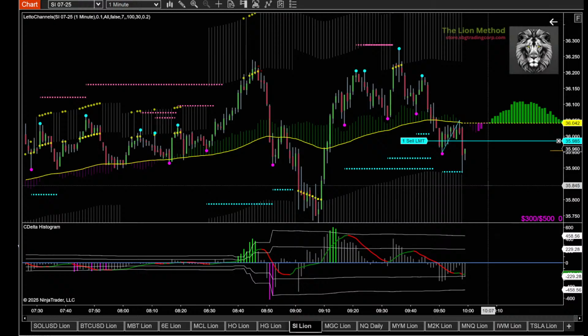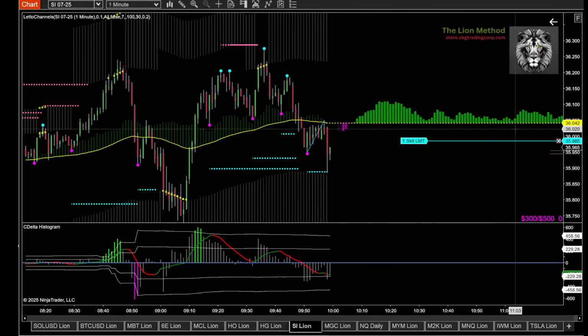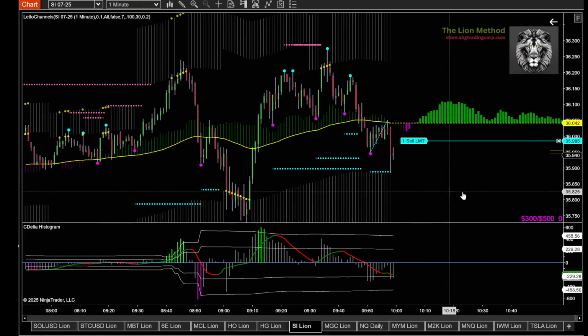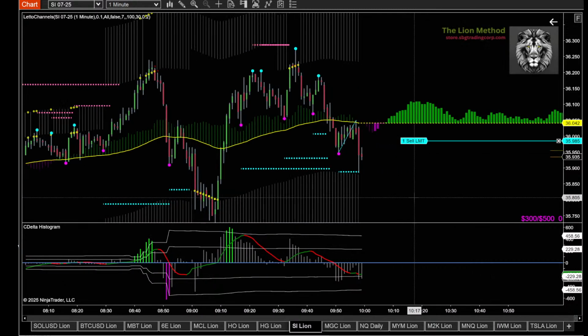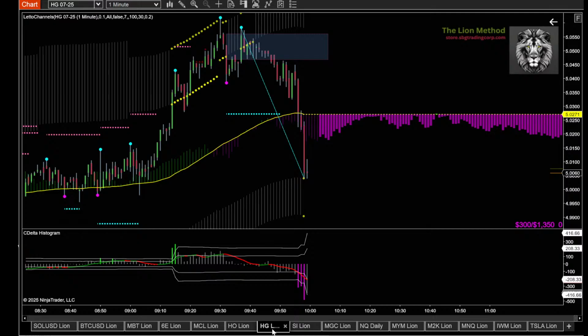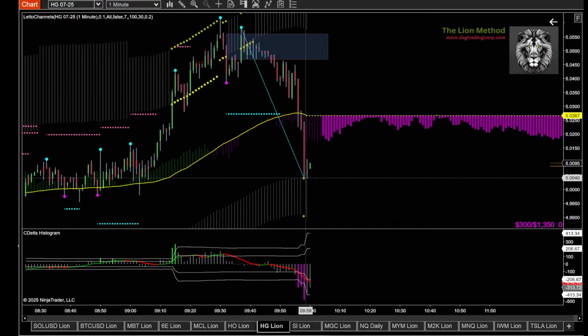We'll see. My expectancy is positive, so not in a rush to get into hot water. Look at that one. Rail to rail here. We're oversold on copper.